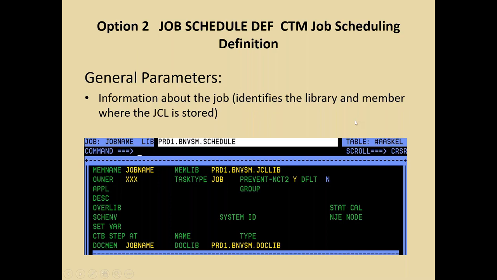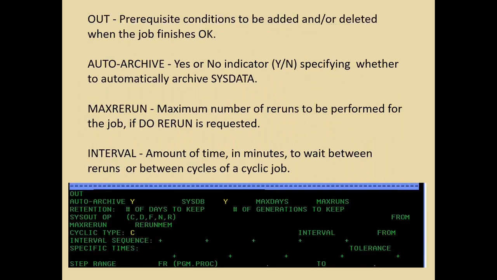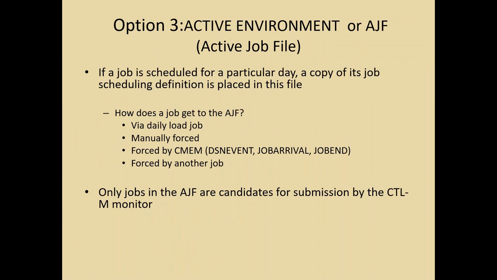Then I will get a list of jobs. From that list, I will force job A into production. How will I force this? In front of that job, I will give the character F. Character F stands for forcing a job from a schedule library. So manually forcing is nothing but manually bringing some job into your AJF.